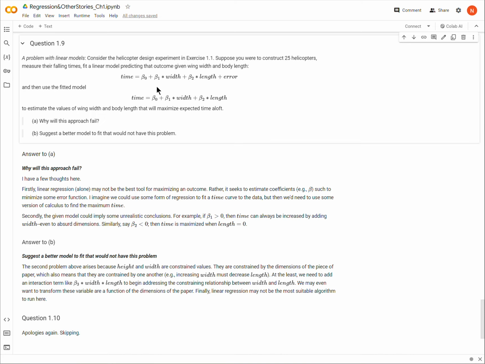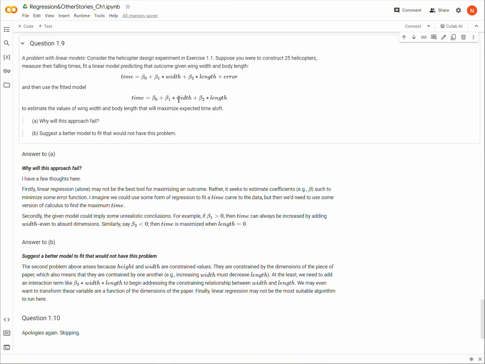So just to give you a sense of why not, imagine that our estimate for beta 1 is 1, okay? So it's greater than 0. Well, then that would imply that if we wanted more time in the air, all we have to do is increase the width, because for every unit of width that we increase the dimension of our helicopter, the more time we get aloft, okay?